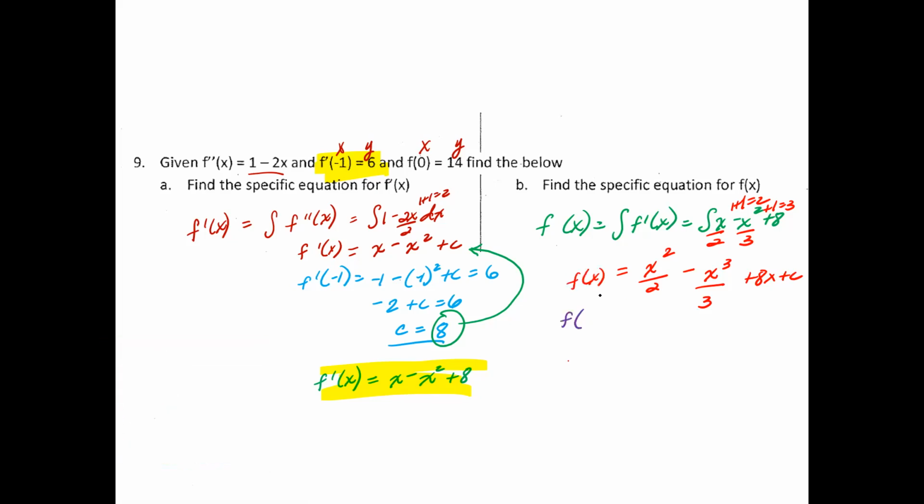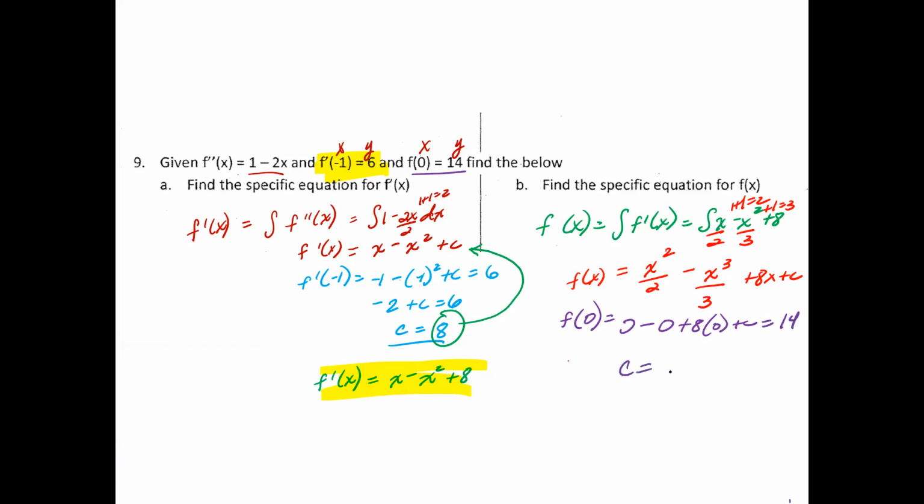So then f of x, what is x? x is 0. Well, that looks like a 6, let's change that. Oops. f of 0 is equal to, it's just going to give me a 0 here, that's the same thing as giving me a 0, plus 8 times 0 plus c. And what does it equal? 14.